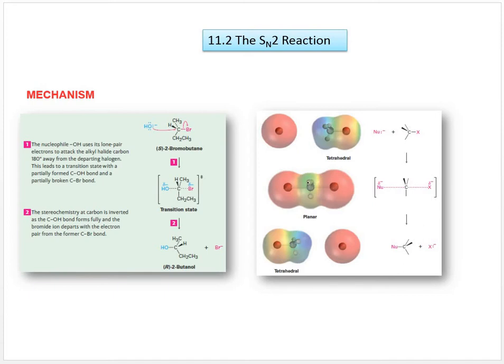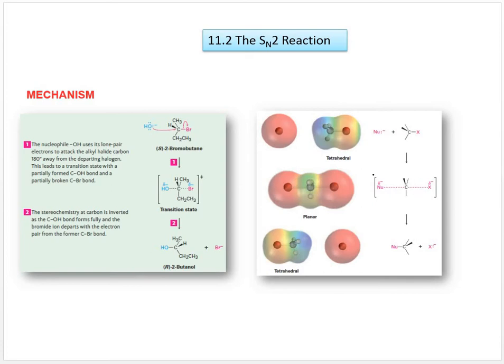So these are reactants. What happens in the transition state? In the transition state, the bond between the nucleophile and the electrophilic carbon partially forms. That's the reason why we draw it with dots, and the bond between carbon and the leaving group is breaking.